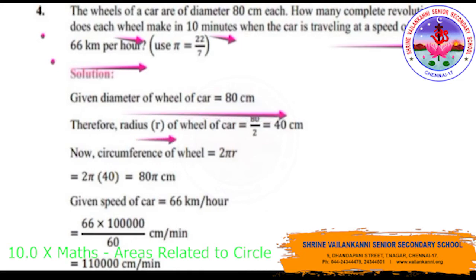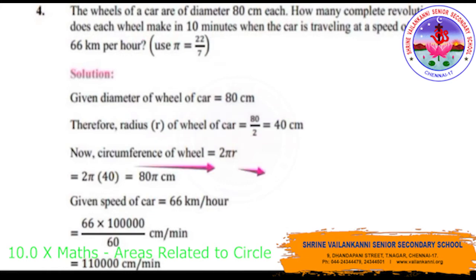So its radius will be 80 divided by 2, which is equal to 40 centimeter. Since he needs the number of complete revolutions by a wheel in 10 minutes, I am going to find out the circumference for one revolution, which is equal to 2πr, where the radius of the wheel is 40 centimeter. So I got 2π into 40, which is equal to 80π centimeter.